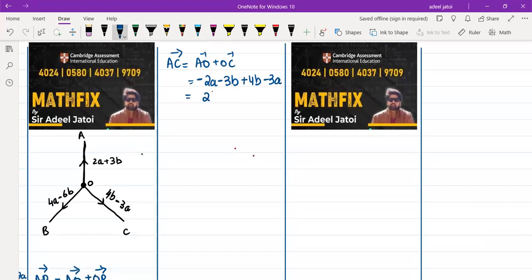So this becomes minus 5A and B. So that means the direction is this way. Minus 5A plus B.